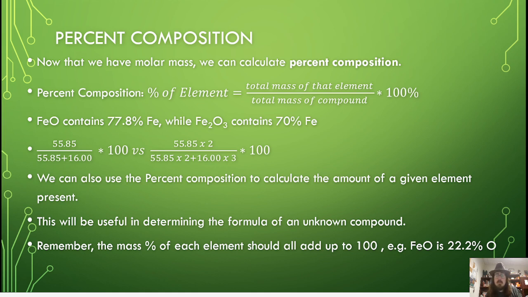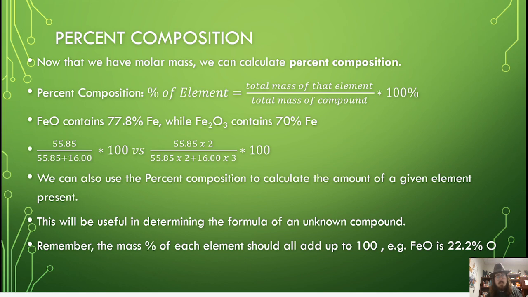We can also use the percent composition to calculate the amount of a given element present if we know the percent composition. If I know this is the byproduct, and the byproduct will have a set percent composition, we can figure out how much of that guy we should be collecting.